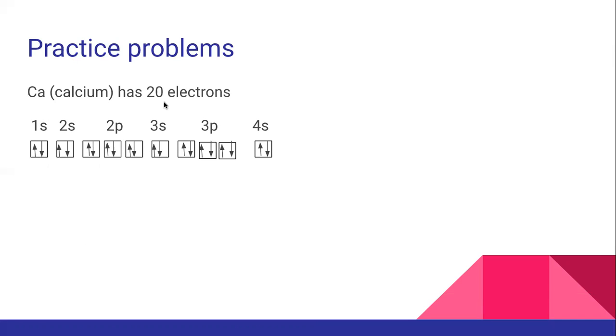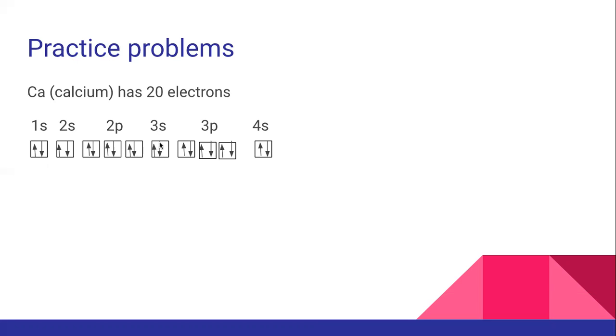So back to this one. Calcium has 20 electrons. So 1s can hold 2, 2s can also hold 2. 2p, you'll need it to hold all 6. Now you have 10 electrons, and you have to move on to 3s. 3s can hold 2.